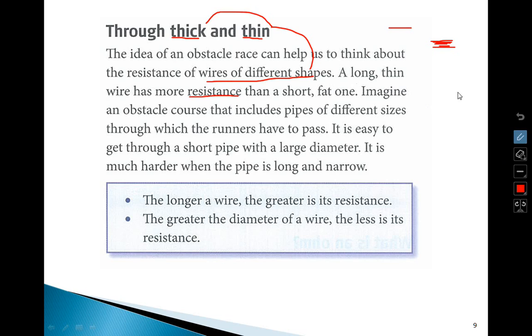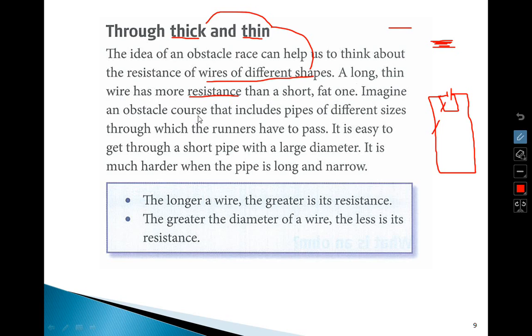As we said before in the previous circuit, if we put a very short wire in the circuit, we are going to damage the circuit. If the wire is very long, the resistance will be higher. Here resistance is high, here it is low. So long, thin wires have more resistance than a short, fat one.